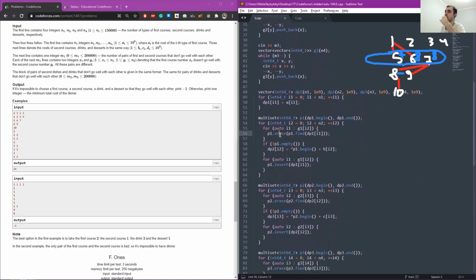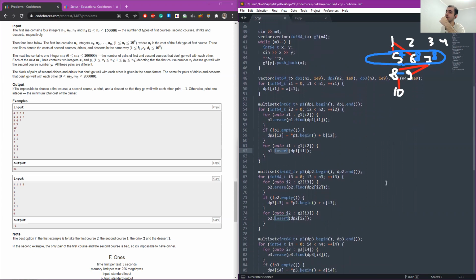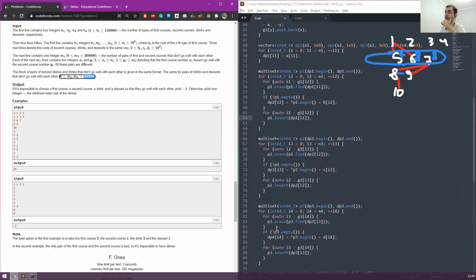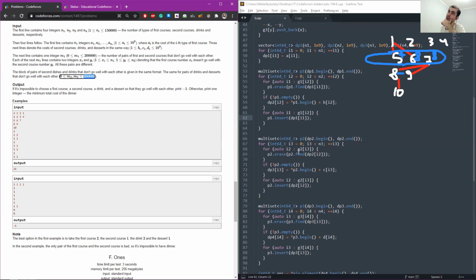Like, look, we still have 1, 2, 3. Well, this is all of 1, so it does not count. 1, 2, 3, 4, 12. No, actually 4 times 200,000 times 3, which is a mad number of operations with a multi-set.